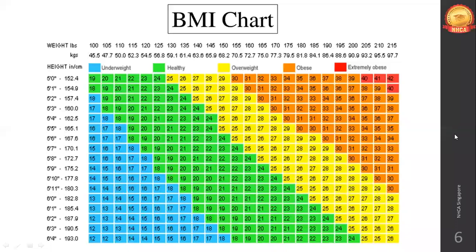And when you're putting down the formula, please be right with the metrics. Weight in kg divided by height in meter square. That's the right way of putting down the body mass index formula.